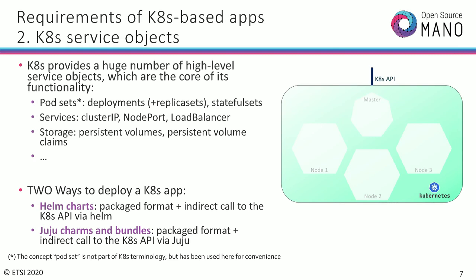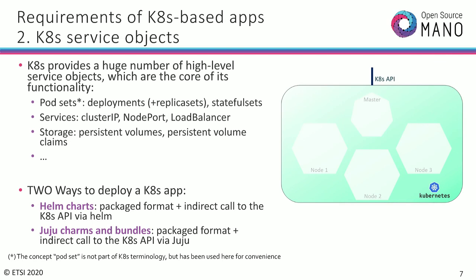The API offers a huge number of high-level service objects that are mainly the core of its functionality, and those are the ones that developers need to create in order to deploy a K8s application over K8s. Here we are describing some of them: pods, deployments, stateful sets, the services to expose the applications, and the storage, different kinds of stuff. And there are others, like config maps, secrets, etc.